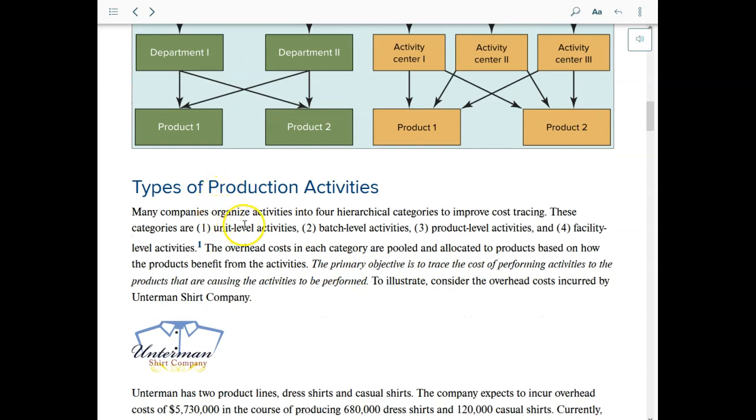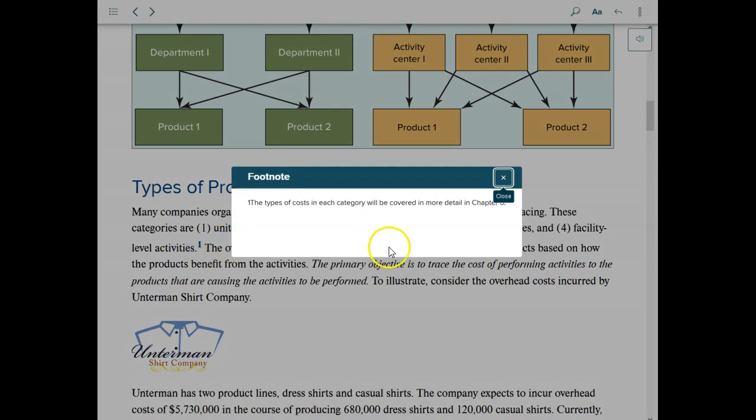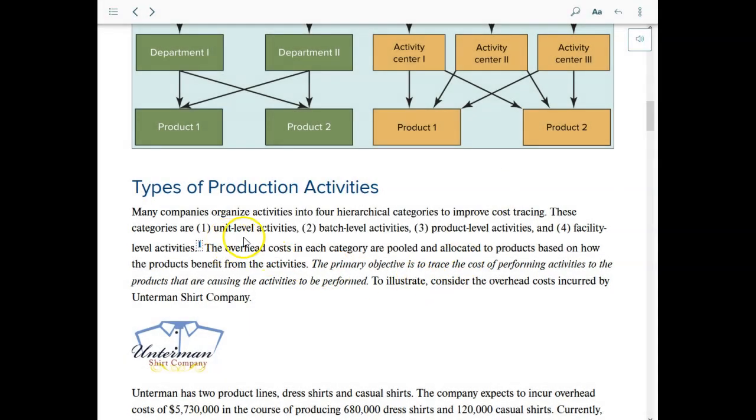We can have unit level activities, batch level activities, product level activities, and facility level activities. Now this footnote, you probably cannot read this here, but these type costs will be covered in more detail in chapter 6, okay? But just know that we're talking about unit level, batch level, product level, and facility level activities.